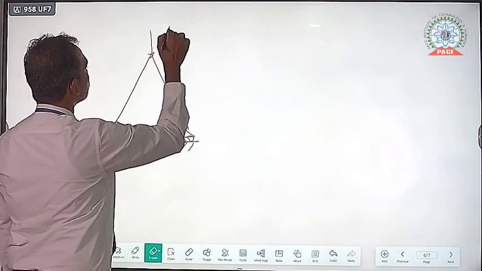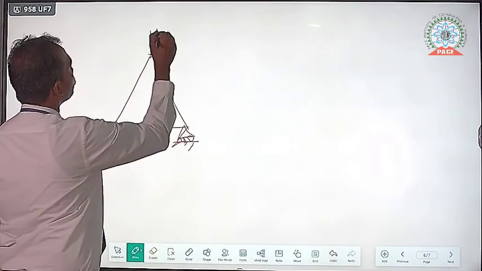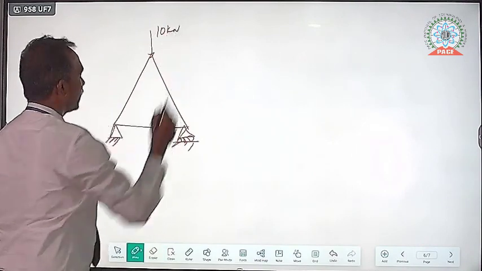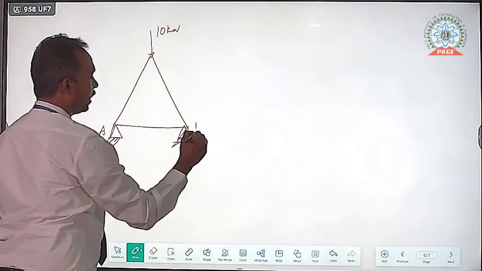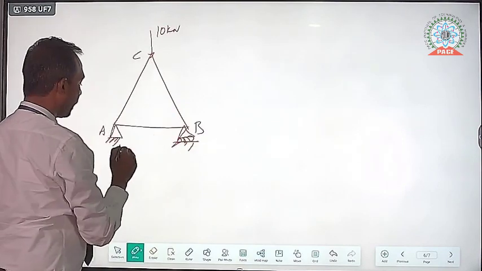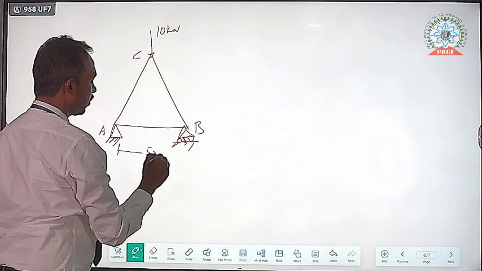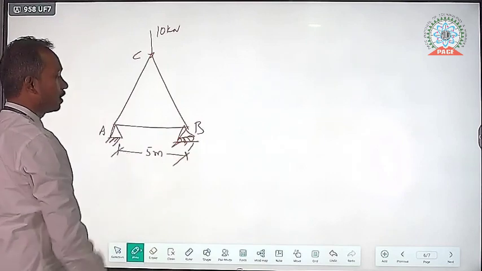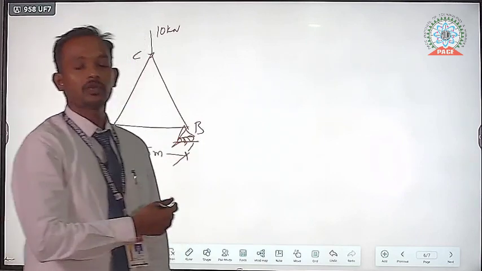This is 10 kilonewtons. This is A, B, C, and the distance is 5 meters. From this truss we will analyze the members.